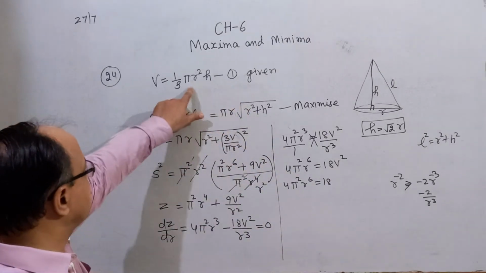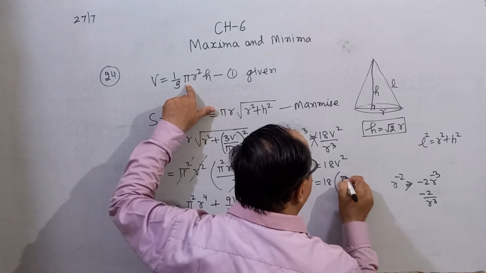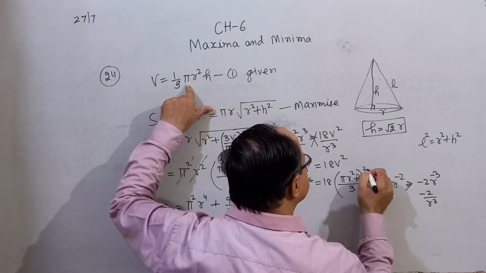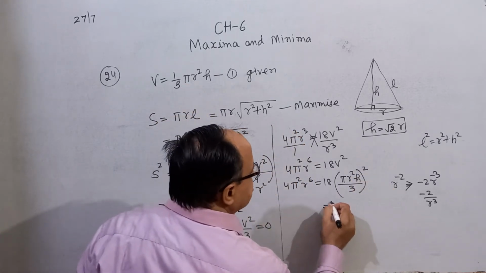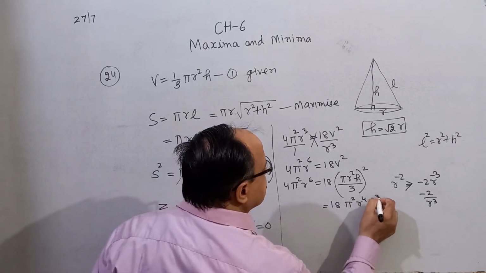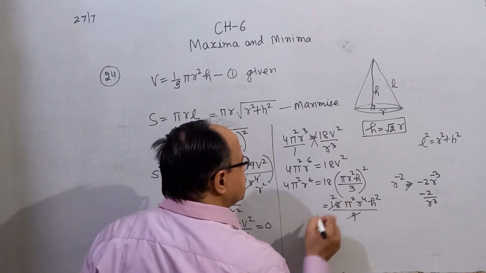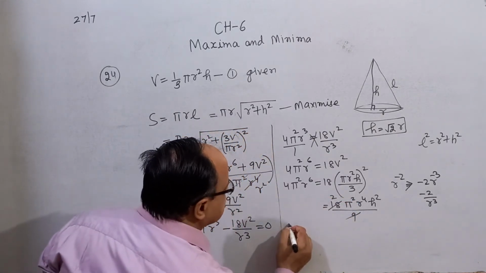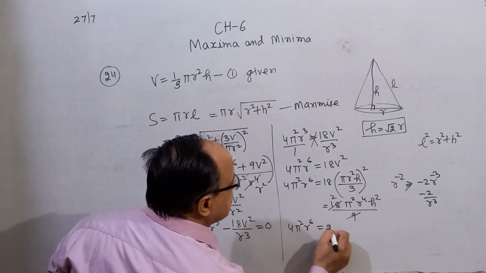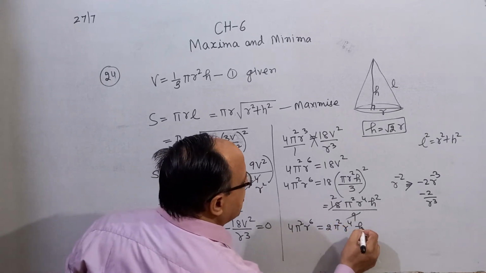Volume. What is the value of v? That is pi r square h divided by 3 whole square. And it will become 18 times pi square r4 h square divided by 9. When you simplify, the 9 cancels. 4 pi square r to the power 6 is equal to 2 pi square r to the power 4 h square.